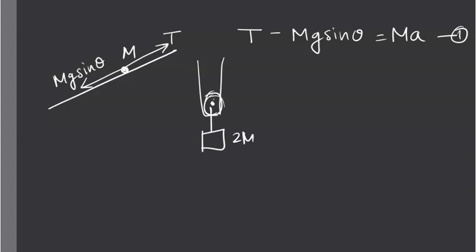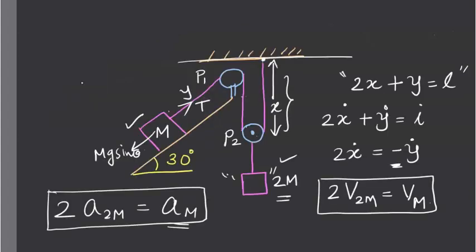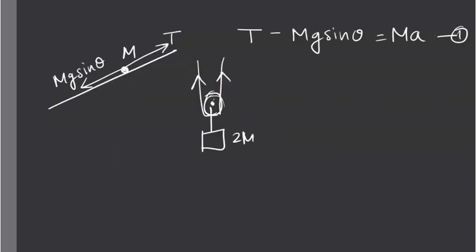Now this pulley is massless, so we have to assume that. Now here there are two tensions. Since this is a single string, the tension will be the same all over. So here this is T, this is T, so 2T. For the pulley I am writing this equation: if I draw the free body diagram of the pulley, the upward force is 2T and the downward force is T dash plus mg.